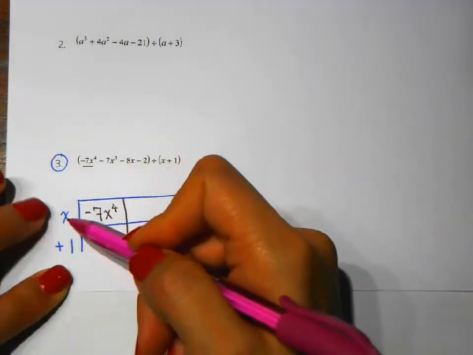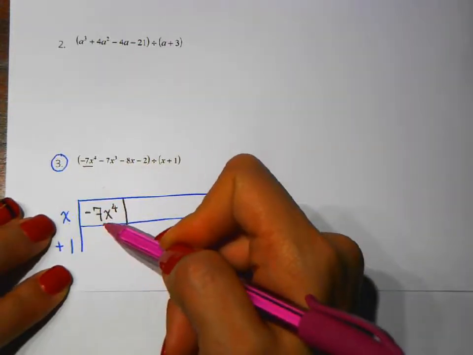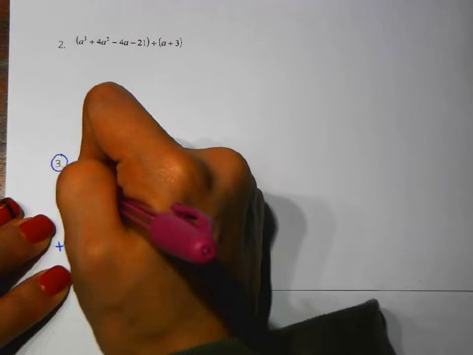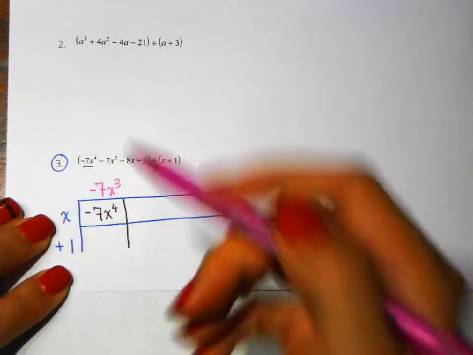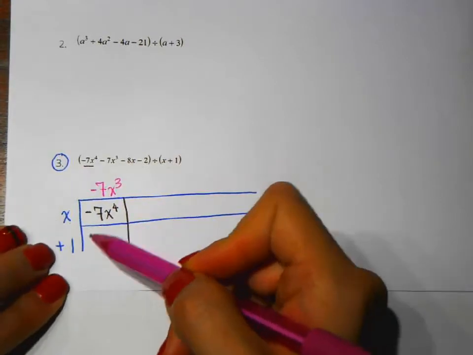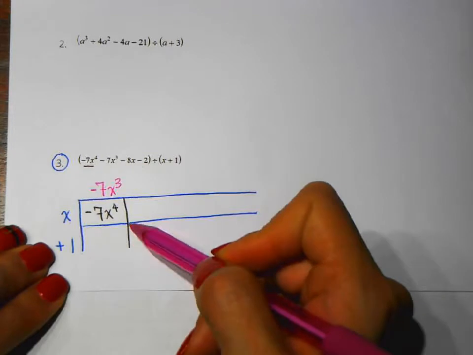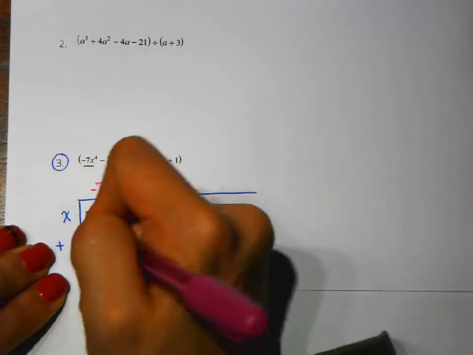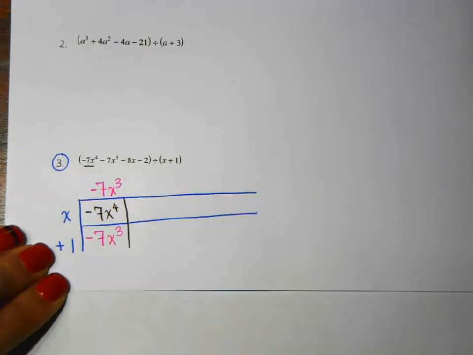So I have x times what equals negative 7x to the 4th? So x times negative 7x to the 3rd. And now that I have this length, I can multiply by this width, which is 1, to get the area of the second box, which is negative 7x to the 3rd.